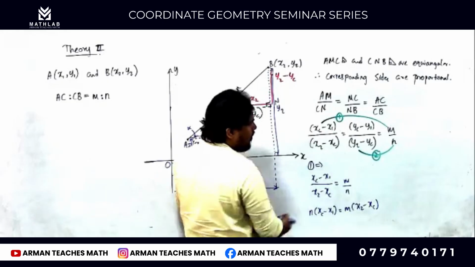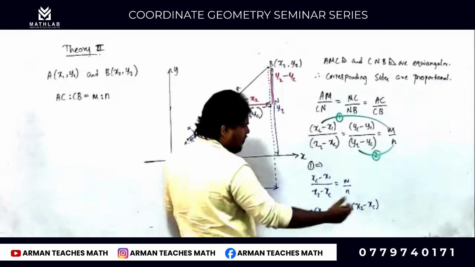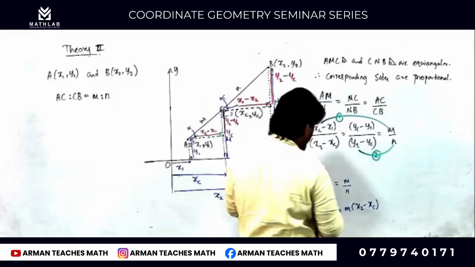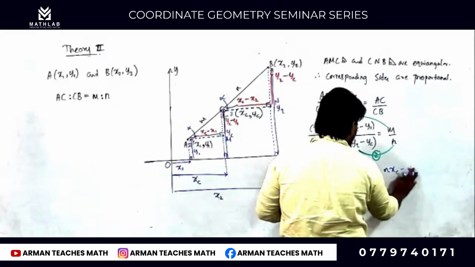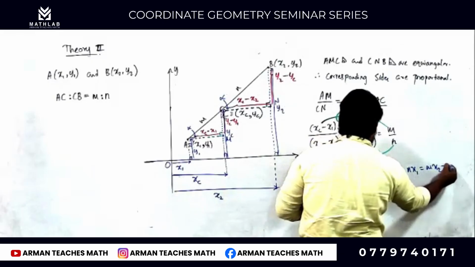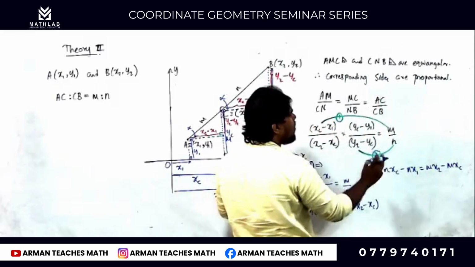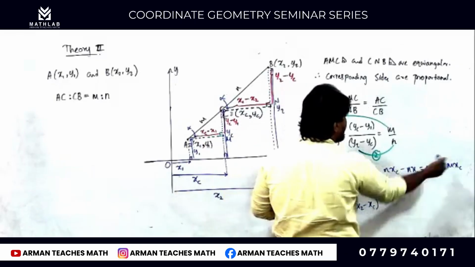Remove the brackets and simplify. I don't know whether you can see if I write here. No. So I write here: nxc minus nx1 equals mx2 minus mxc. I'll take all the xc terms to one side because I need to find xc, and send nx1 to the other side.